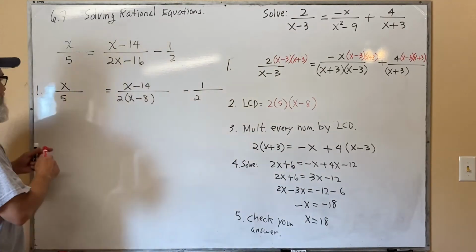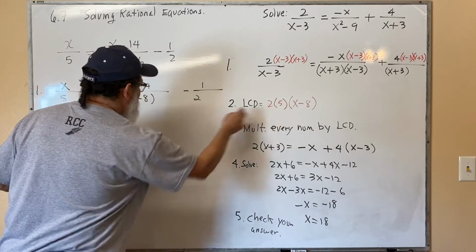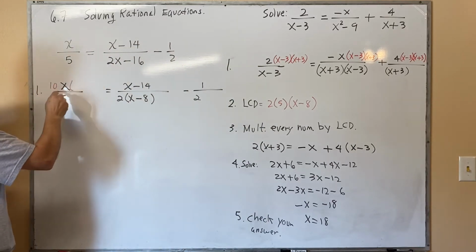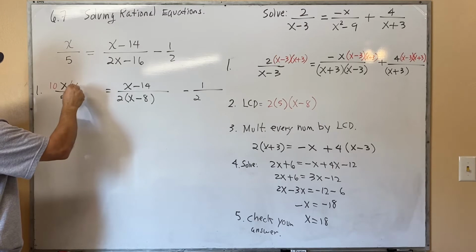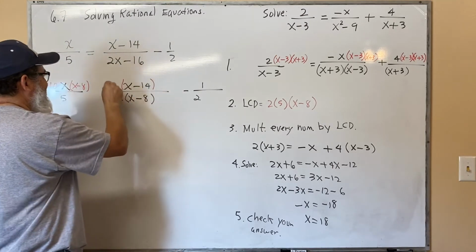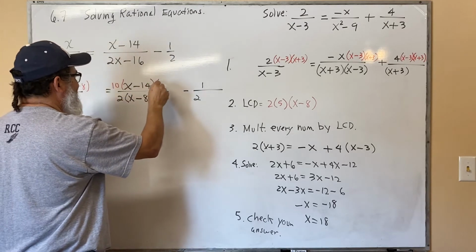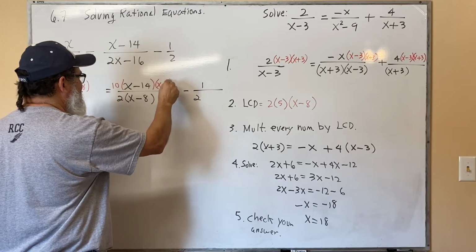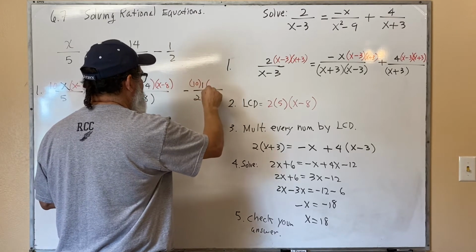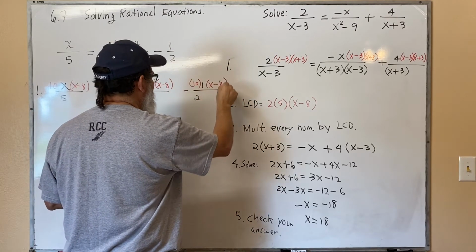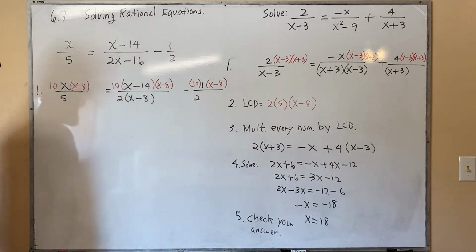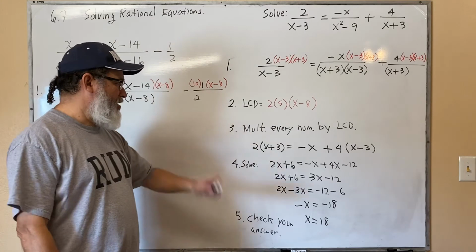So multiply this by 2 times 5, which is 10. 10 times x minus 8. Look at that. That's your step number 3.